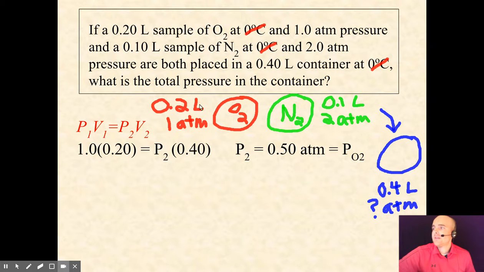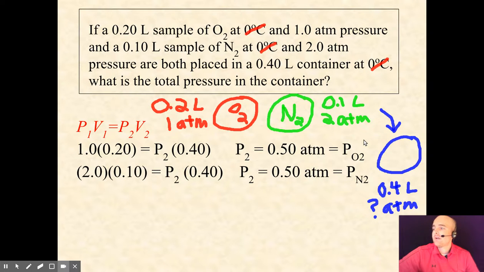This would be our initial conditions, 0.2 times 1, and it equals our final conditions of 0.4 times my unknown pressure. So my unknown pressure is going to be 0.5 atmospheres as my pressure of oxygen.